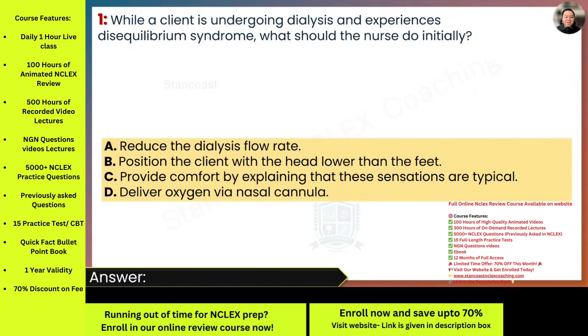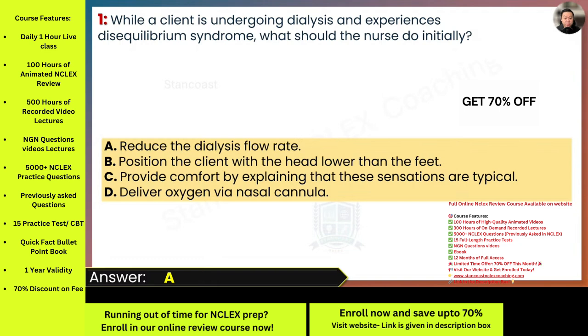The answer is letter A. The first step in managing the dialysis disequilibrium syndrome is to slow down the dialysis flow rate. And why is this? It's because the syndrome happens when the solutes like urea are removed too quickly, which causes the fluid to shift into the brain cells.